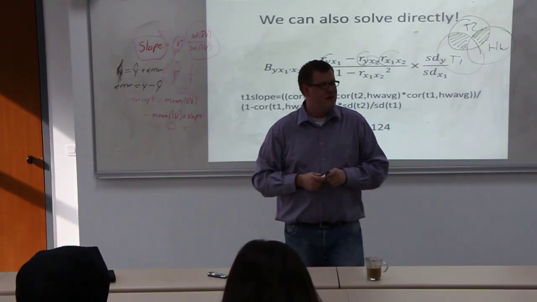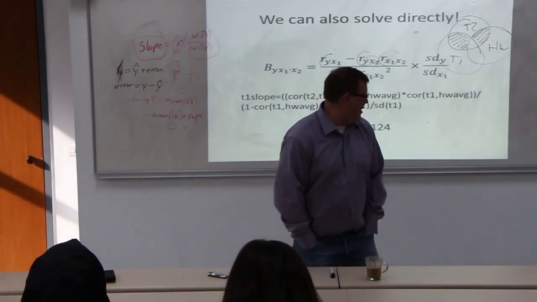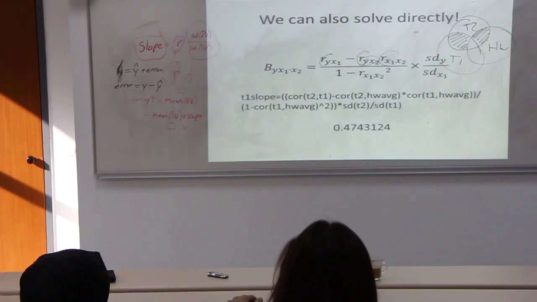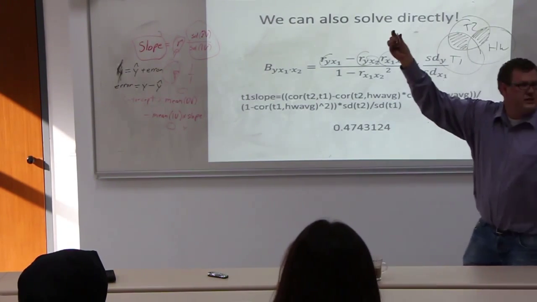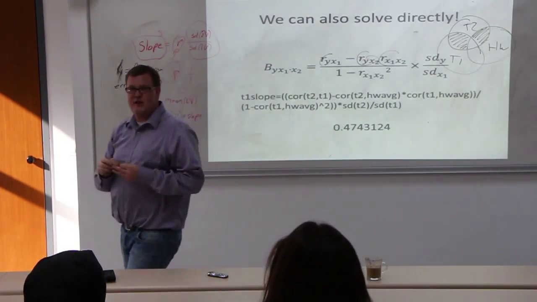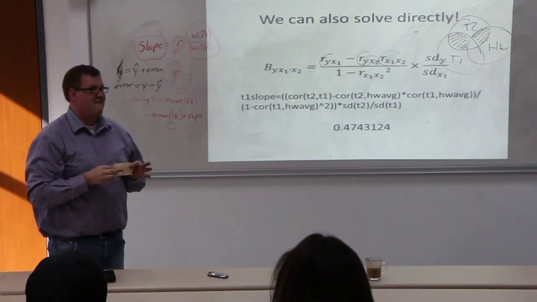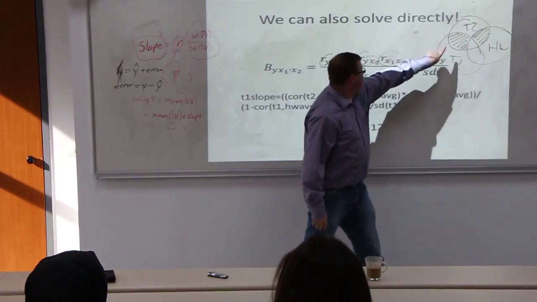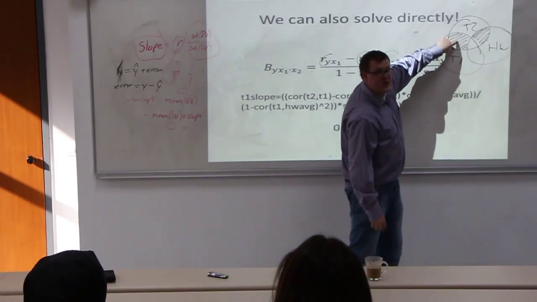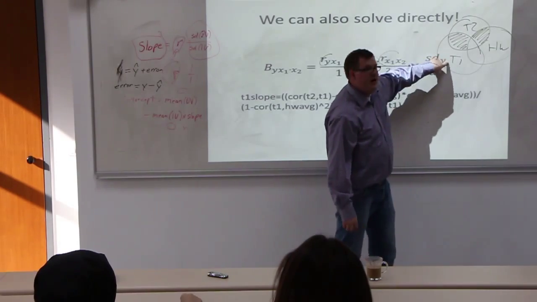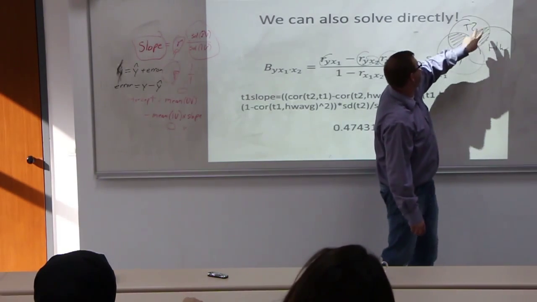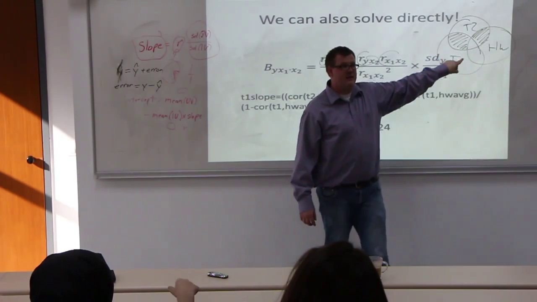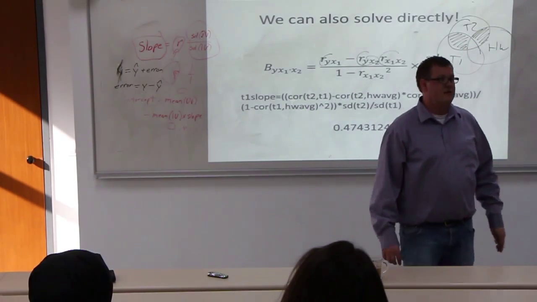Does anyone know? Do I have 5 letters today? I have 5 letters today. Who wants to earn 5 letters? What is this? So this is the unique relationship between T2 and T1. This is the unique relationship basically between T2 and homework. What is this? The non-unique relationship between T2 and the both.